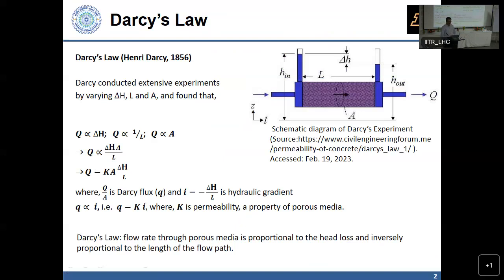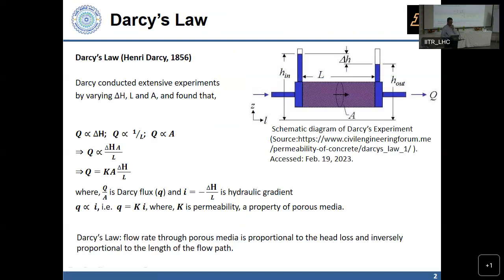This quantity K was initially called permeability. Darcy's law simply says the flow rate through porous media is proportional to the head loss and inversely proportional to the length of the flow path, and that is what we will typically use.